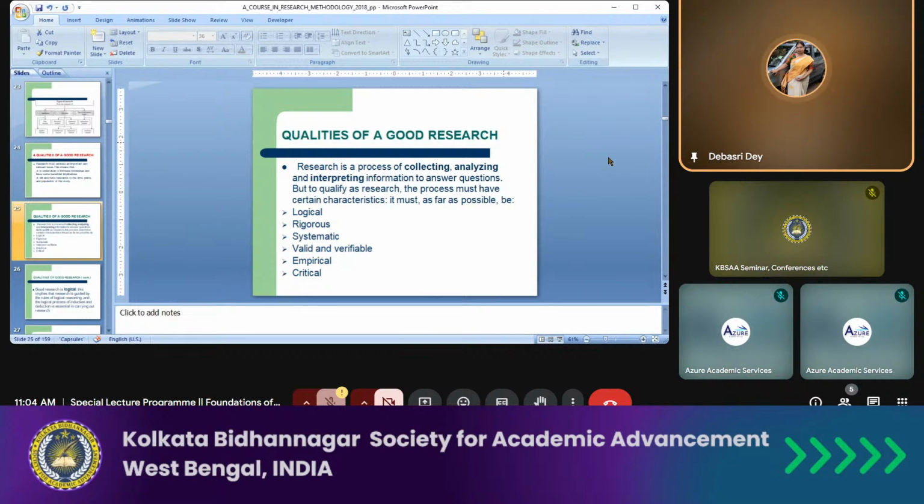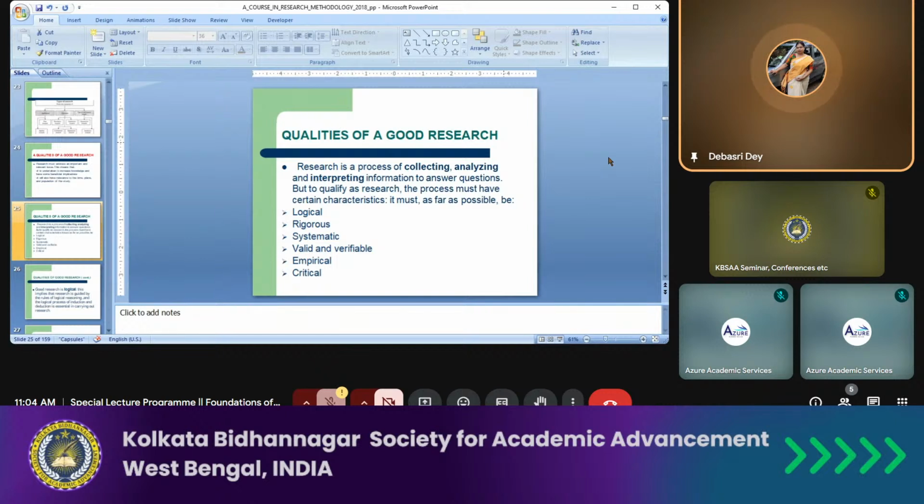While entering your research life, you should be alert that your research, whatever it be, whatever I covered till now, should be logical, or must be logical. It may be rigorous. It must be rigorous. All those points will be there.